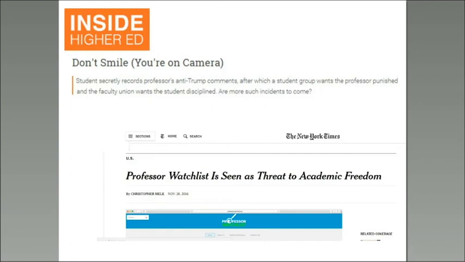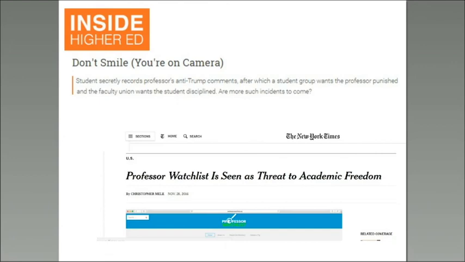Going on to other challenges to freedom in the classroom, we specifically see a number of instances of surreptitious recordings of faculty members speaking in the classroom, which have at times been edited to omit or distort context and then posted online.